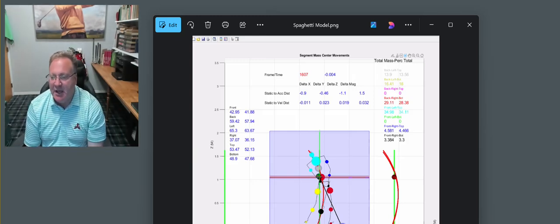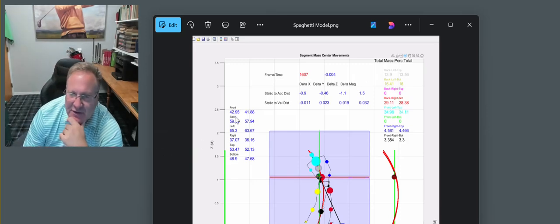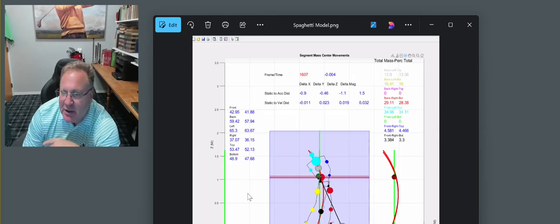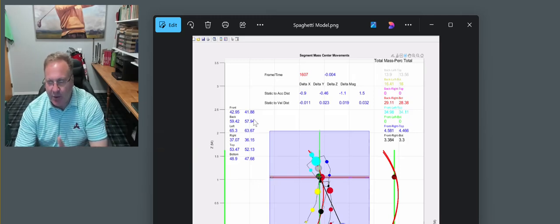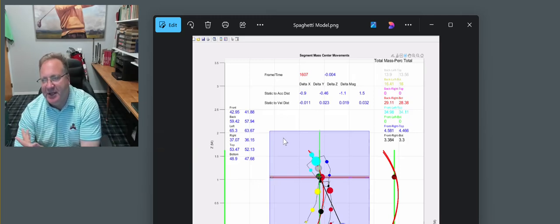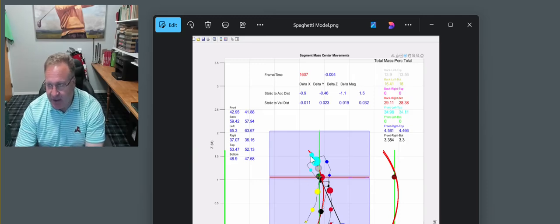So here's a former major champion at ball impact. I left all the metrics on there because this is how we did it with the distribution of the different parts. This is telling me how much of the mass is in the different quadrants, what percentage. There's some other things that we do analytic wise. But what I want you to see here is this golfer at ball impact.